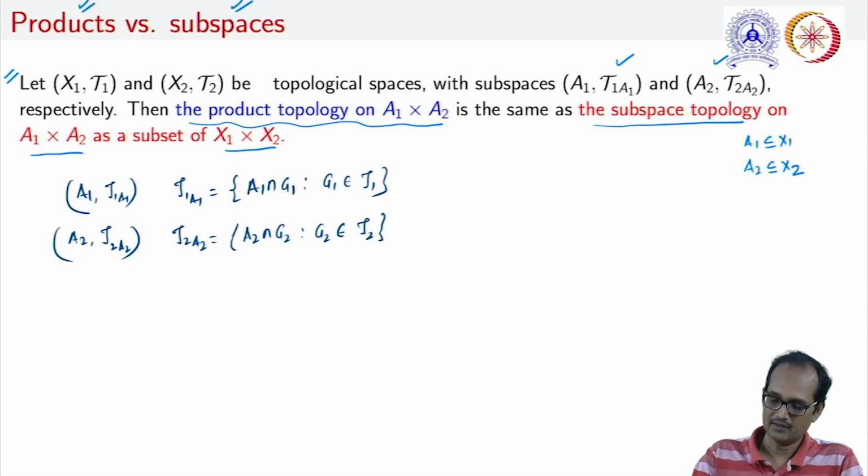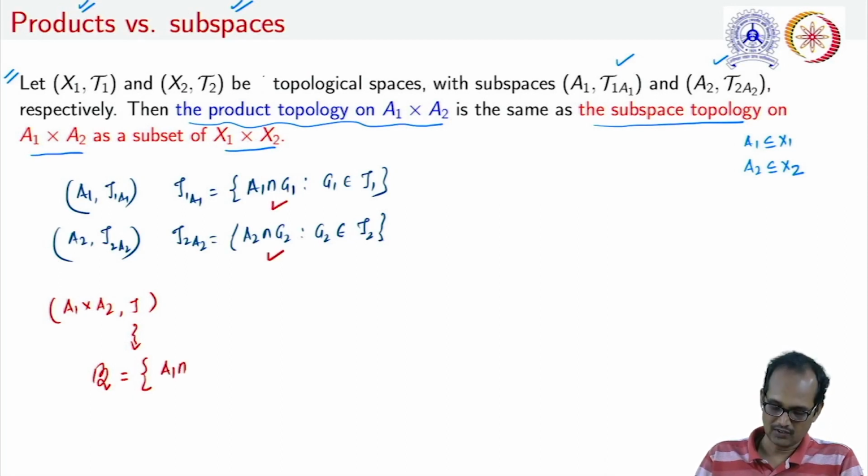Now if we try to find the product topology on A1 cross A2, the basis for this topology, let us take this as some B, will be given by the Cartesian product of members of these topologies, that is (A1 intersection G1) Cartesian product with (A2 intersection G2), where G1 belongs to τ1 and G2 belongs to τ2.